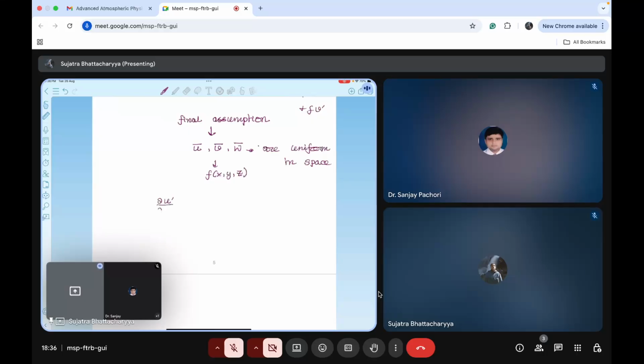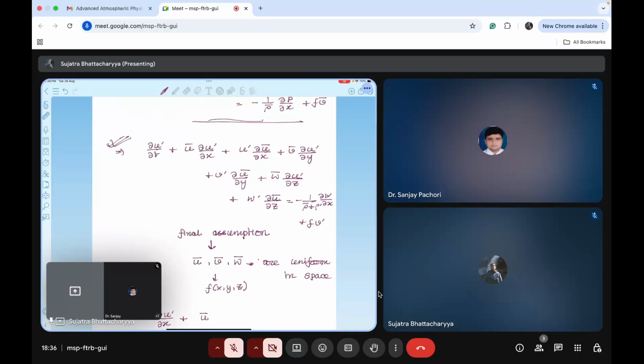Delta u dash by delta x plus u bar. So this term will go. Then this term will go because u bar by delta y is 0, and this term will go.